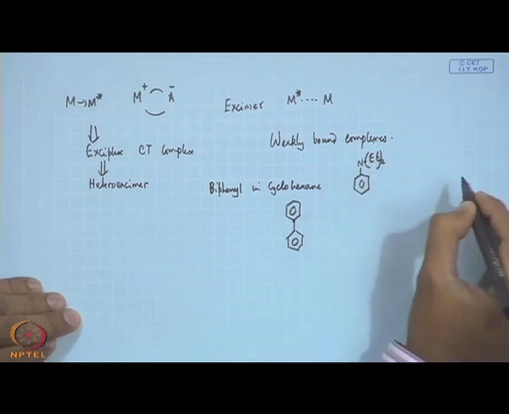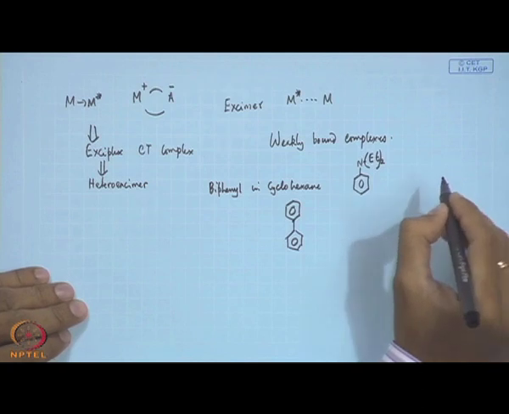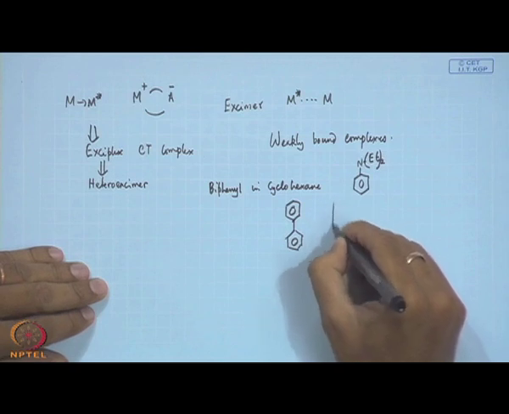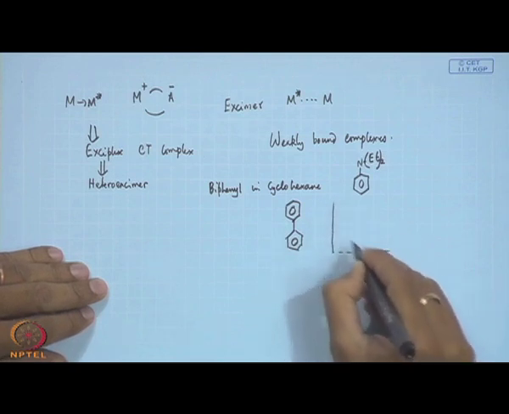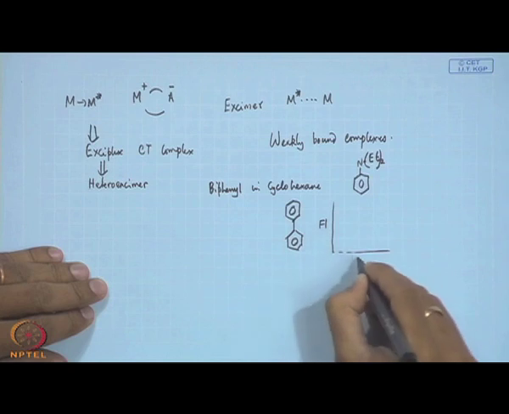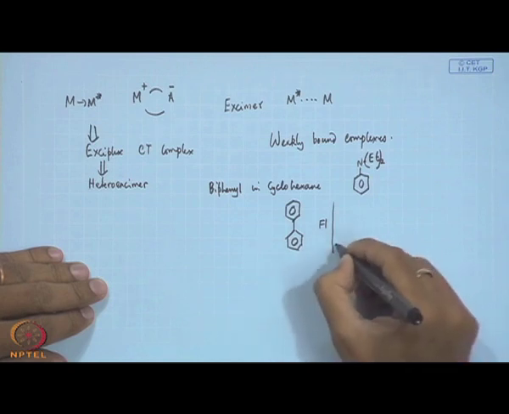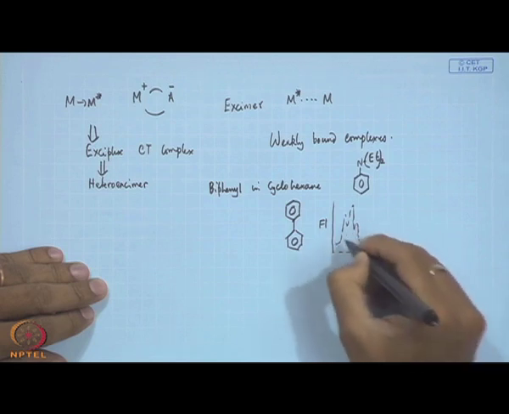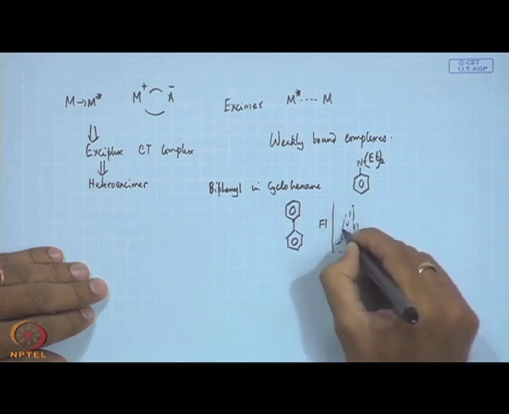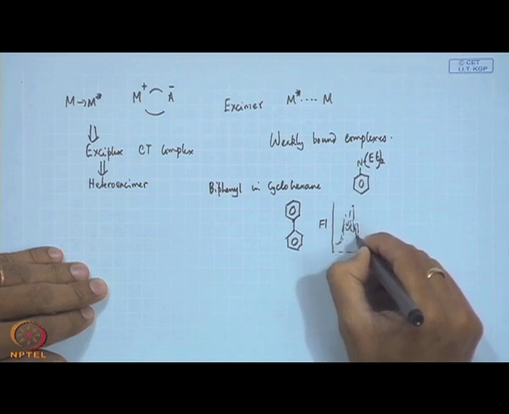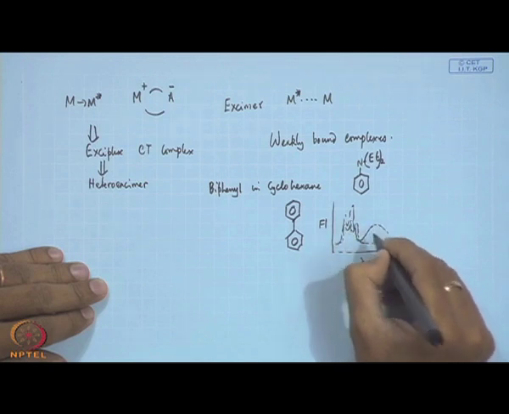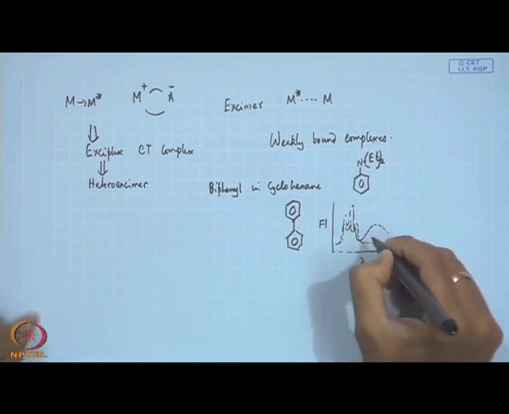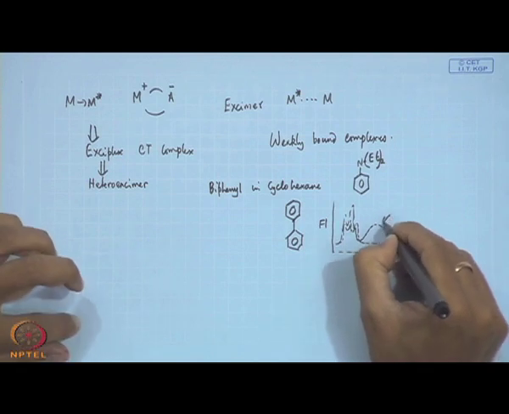And in addition to this normal fluorescence, they observed an additional band on the red side of the spectrum. So, this is the fluorescence spectrum, and this is wavelength. If this is your normal spectrum, then in the presence of this, you see that it is reducing in intensity and an additional band is formed, and this is called your exciplex.